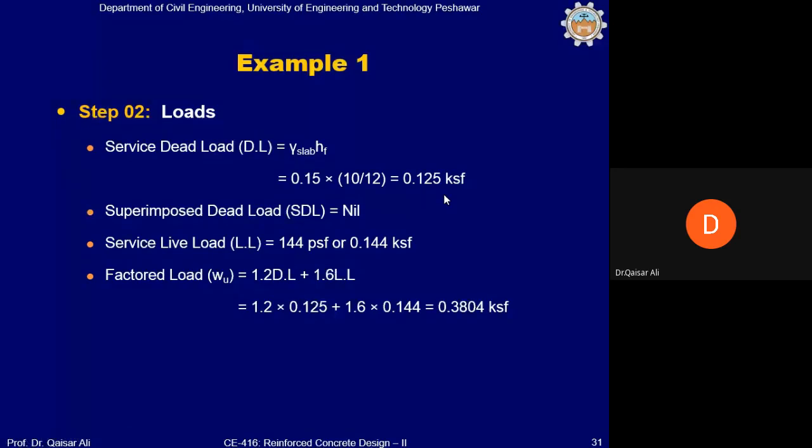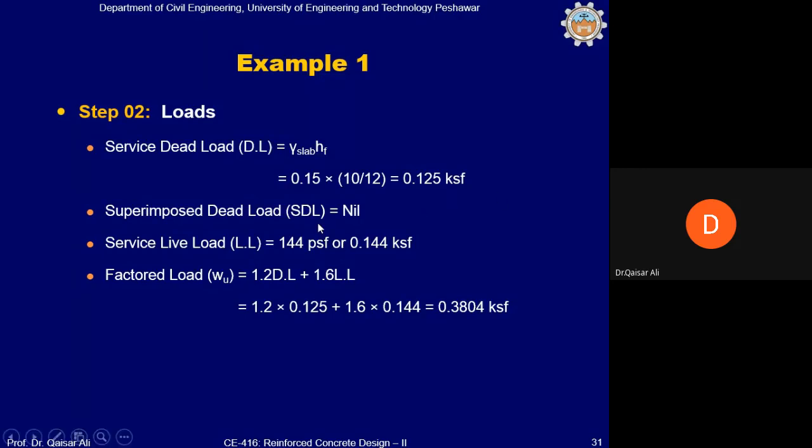Superimposed dead load is not given in the question, although in every design example there will be some superimposed dead load. But anyway, this is a demonstration. So in a demonstration, sometimes the superimposed dead load may not be used. However, in practical cases, in almost every case, superimposed dead load will be there.